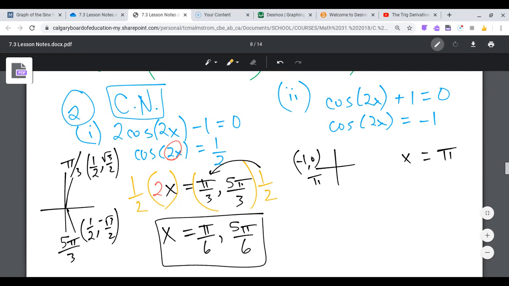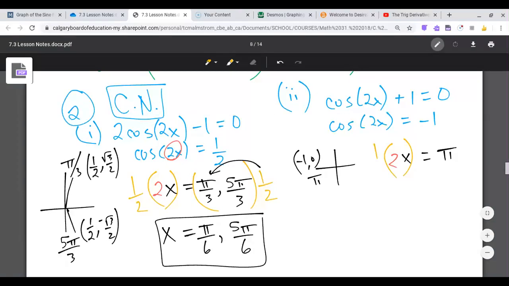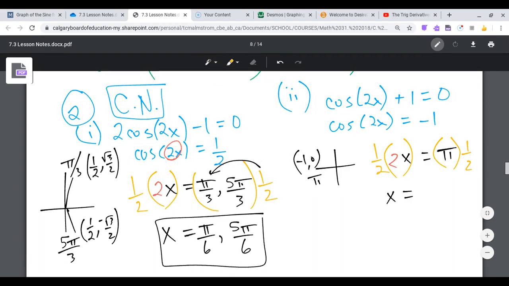But again, we have an argument of 2x, and then I apply the horizontal stretch of a 1/2, which allows me to find the x that I need for this scenario. And then I get that the x is pi on 2 for our restricted domain of 0 to pi.